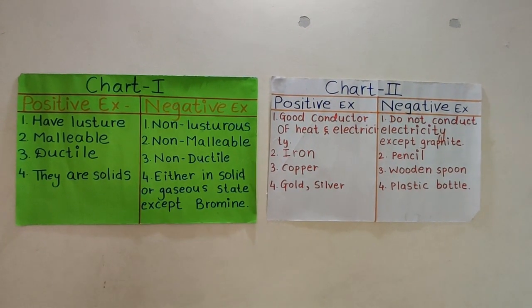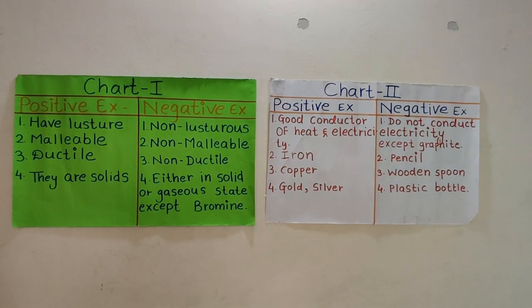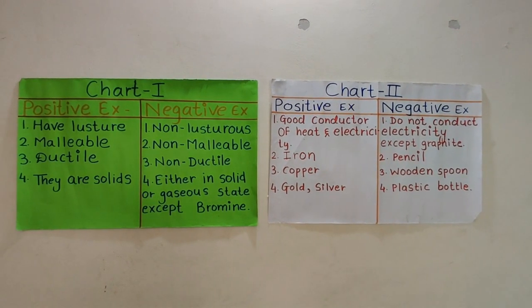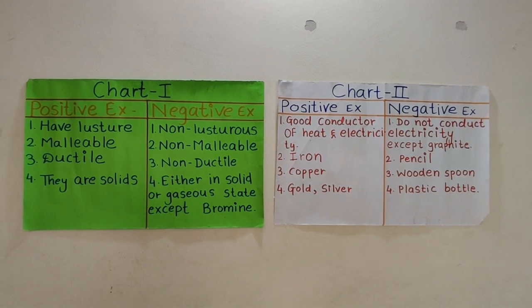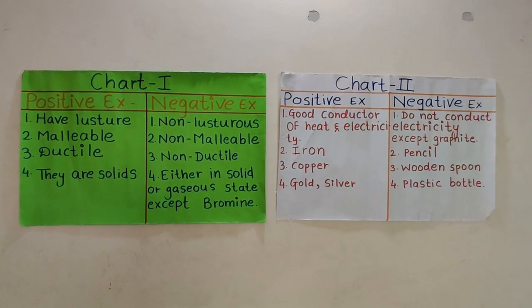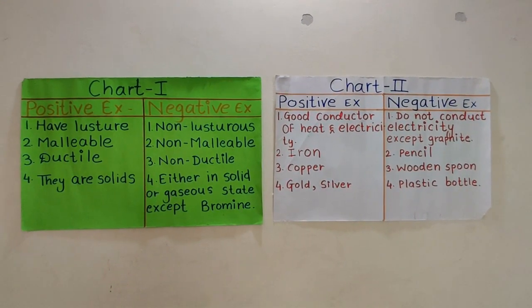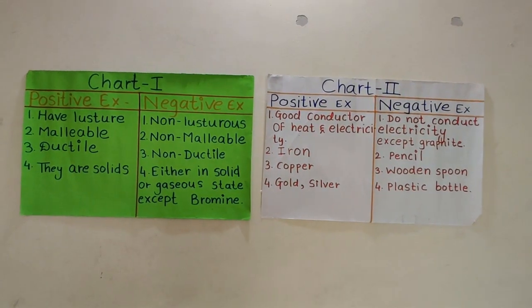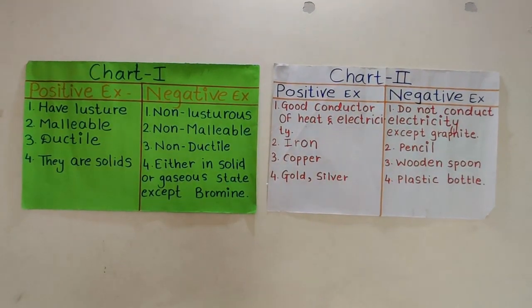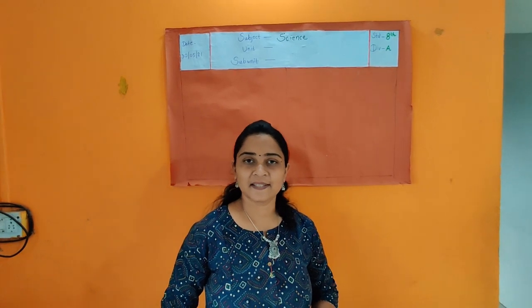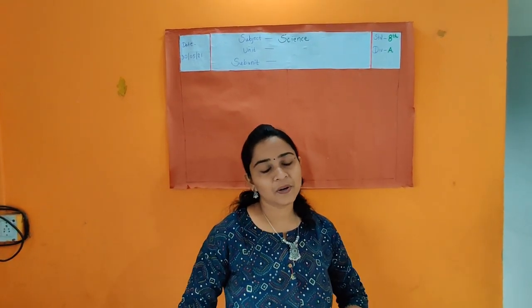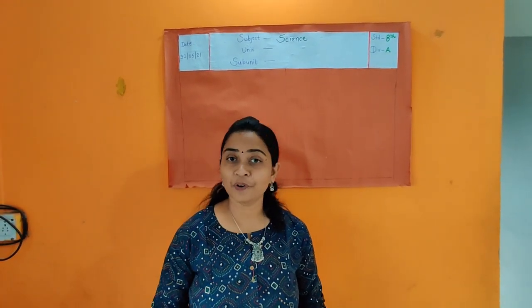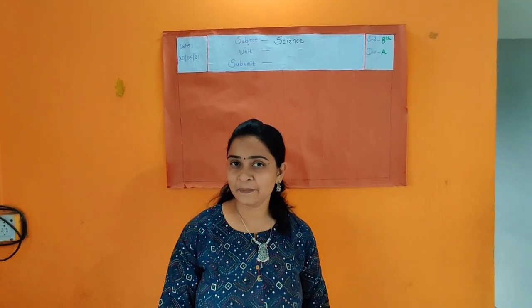Okay. Now tell me the properties of metals and non-metals. Metals are good conductors of heat and electricity, while non-metals do not conduct electricity. Yes, very good. Now, all of you are aware, what topic are we going to study?